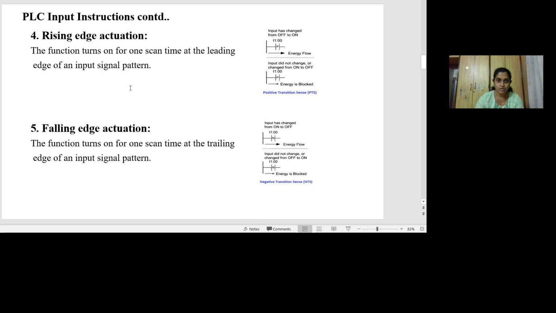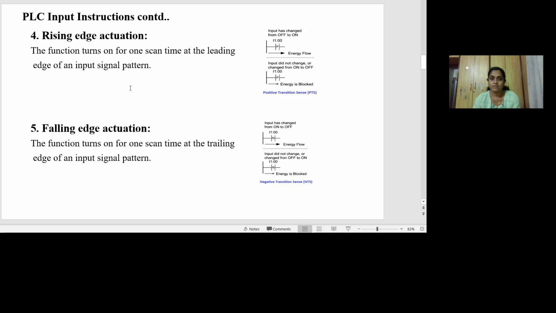So these two, the rising edge and falling edge instructions, are based on the transitions of the input signal. Whereas the NO contact, NC contact, latch, unlatch system depend upon the level of the input signal, whether the input signal level is 1 or 0.